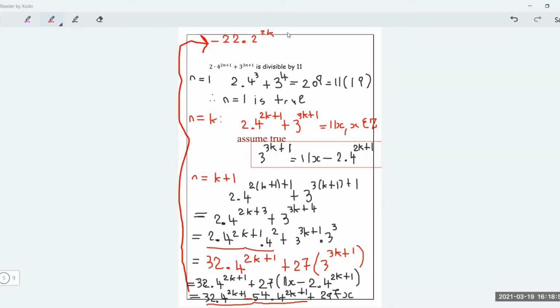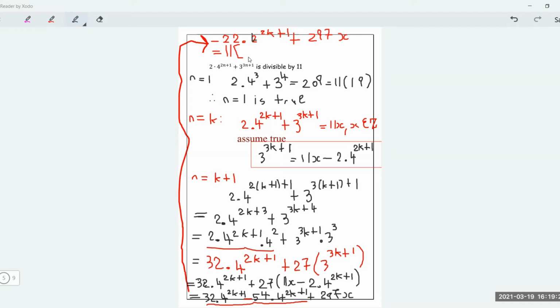Plus this was our 297x. That's what we get. And then clearly all you have to do now is factor out your 11. Oh, this is 4, not 2.